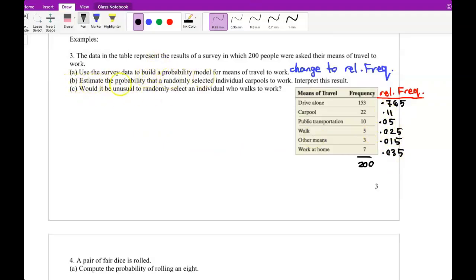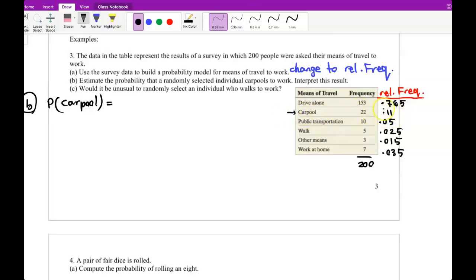Now, part B: estimate the probability that the randomly selected individual carpools to work. So now part B, probability. Here we have the probability that the randomly selected individual carpools. Based on this table, this is carpool.